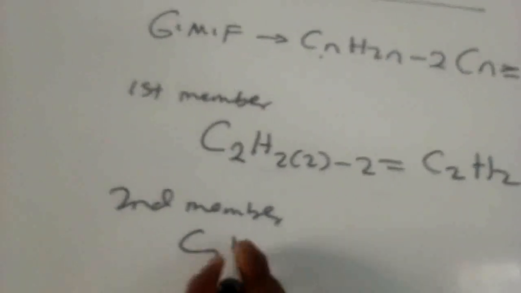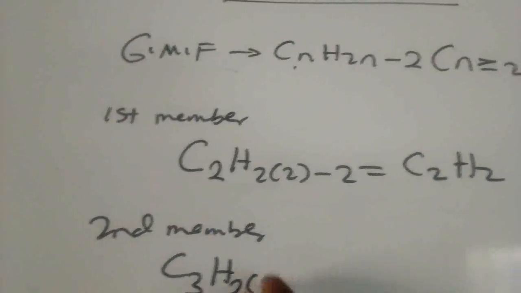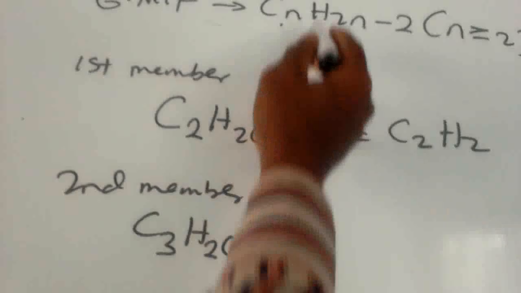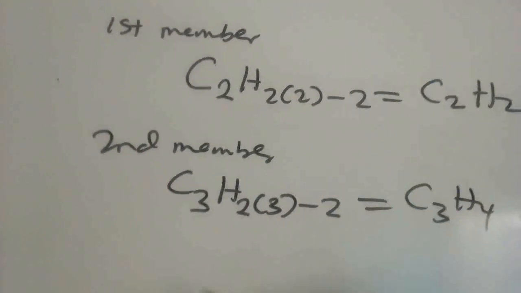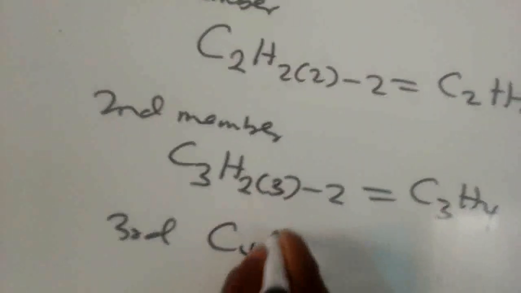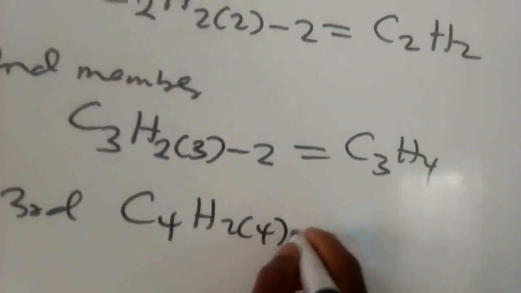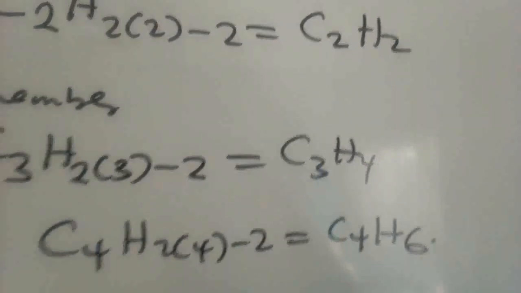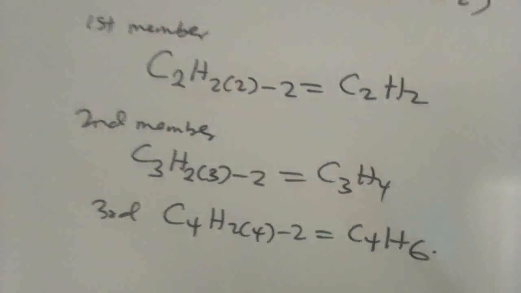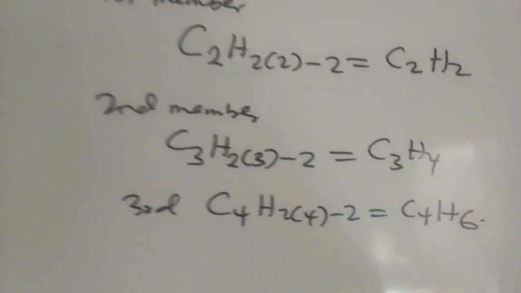Second member, replacing n with 3, I have C3H(2 times 3 minus 2), that is C3H4. Third member, C4H(2 times 4 minus 2), that gives us C4H6. So I can generate all the members of the alkyne without waste of time.